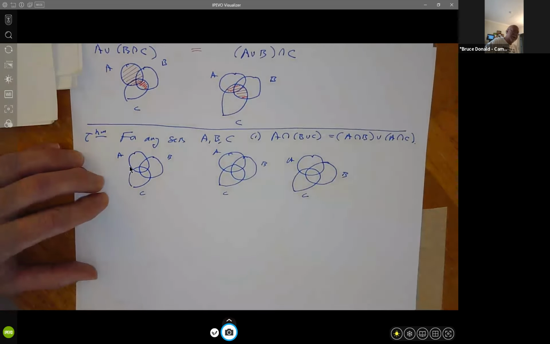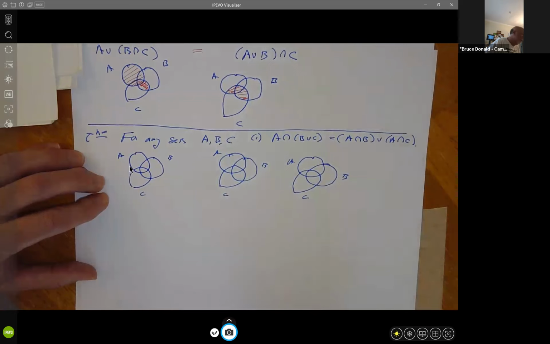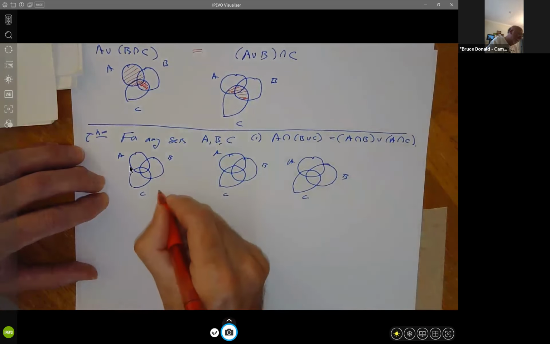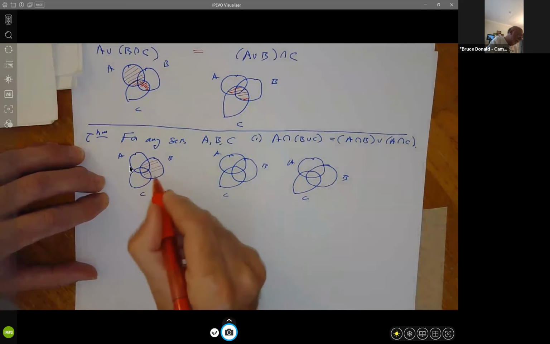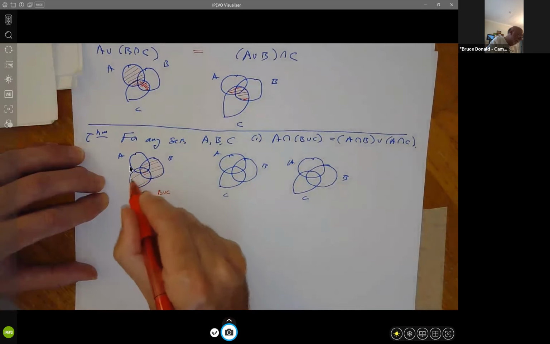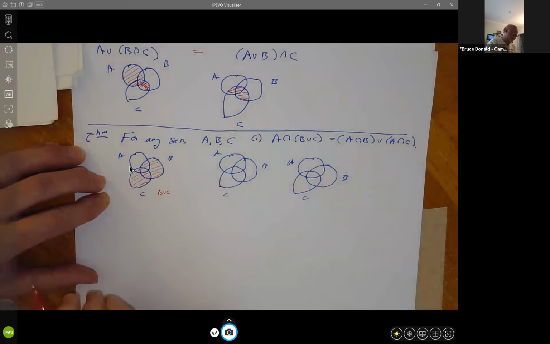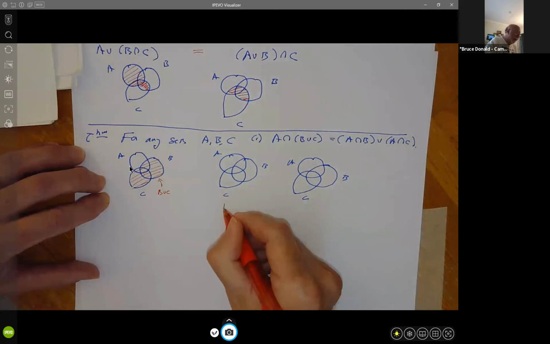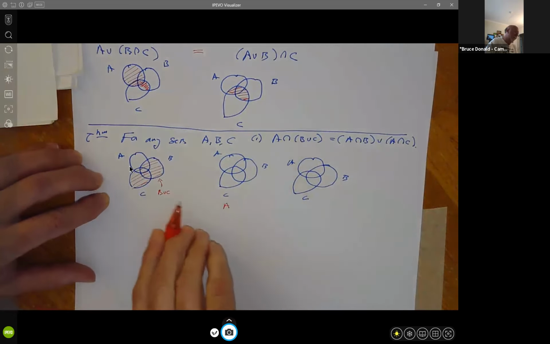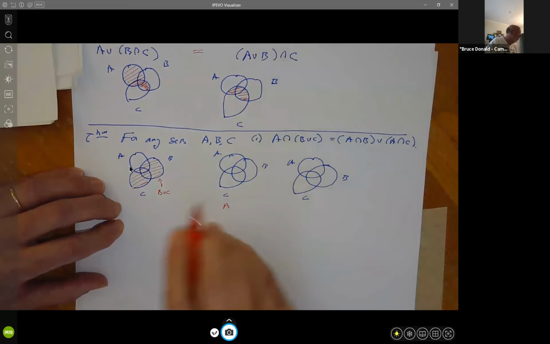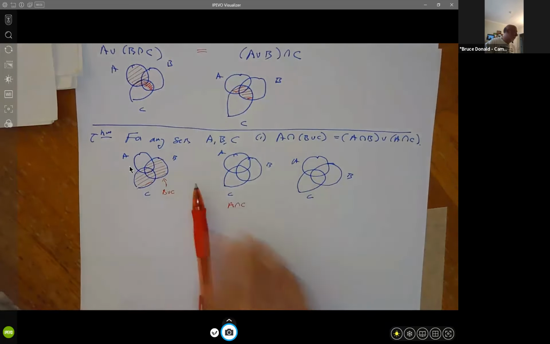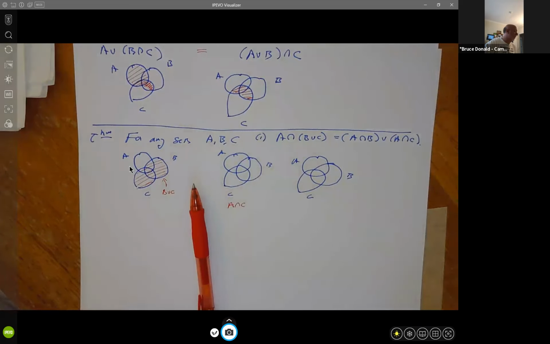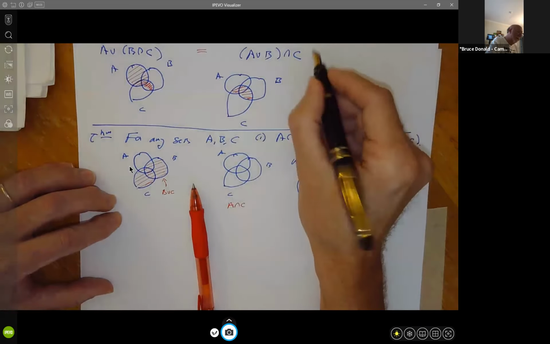Over here, what I want to illustrate is just B union C, which will be this area here. Now over here, I want to illustrate A intersect C. I've written a tautology here. I mean to write it differently.